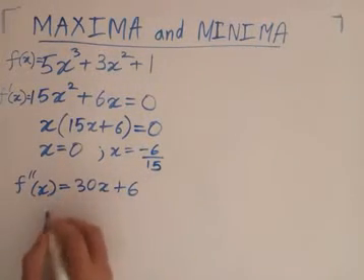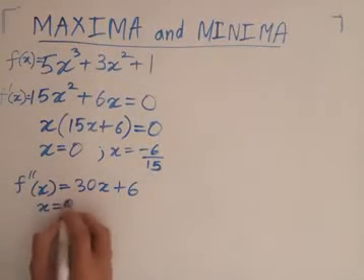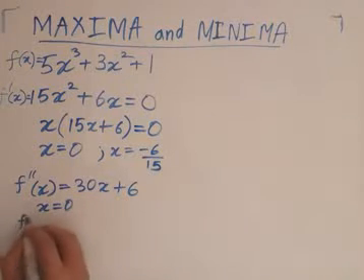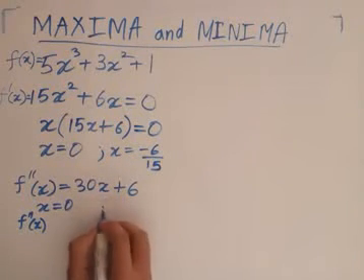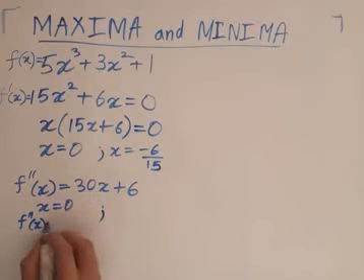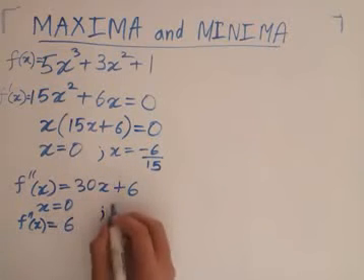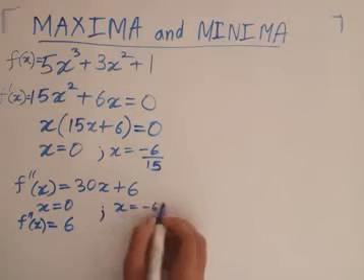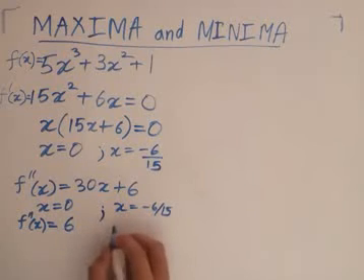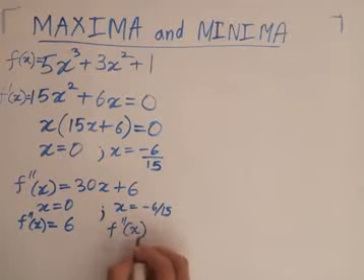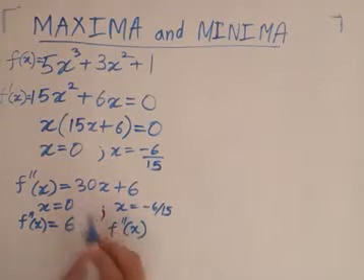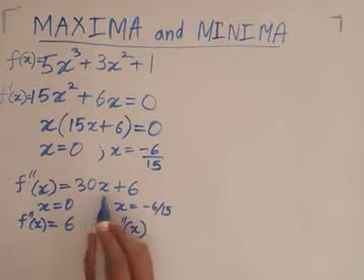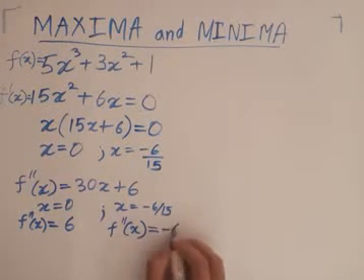Okay, and when x is equal to 0, if I just plug in 0, I have 6, and when x is equal to minus 6 by 15, the second derivative of the function is, as you can see, since 15 and 30 will cancel to give 2, minus 12 plus 6, that is just equal to minus 6.